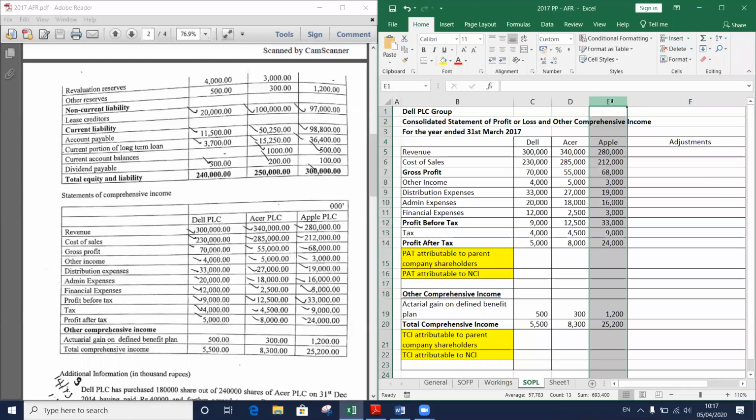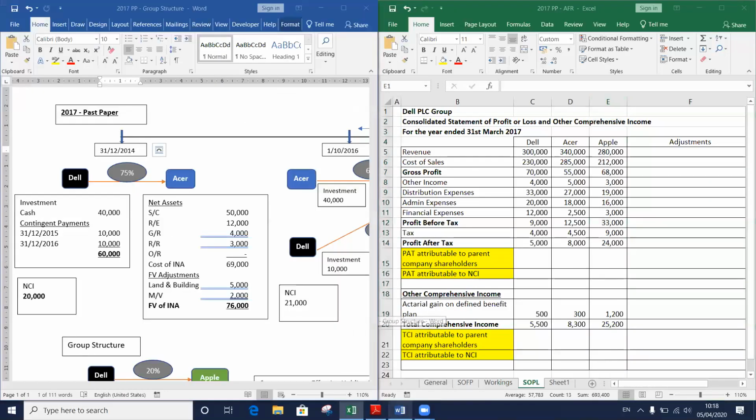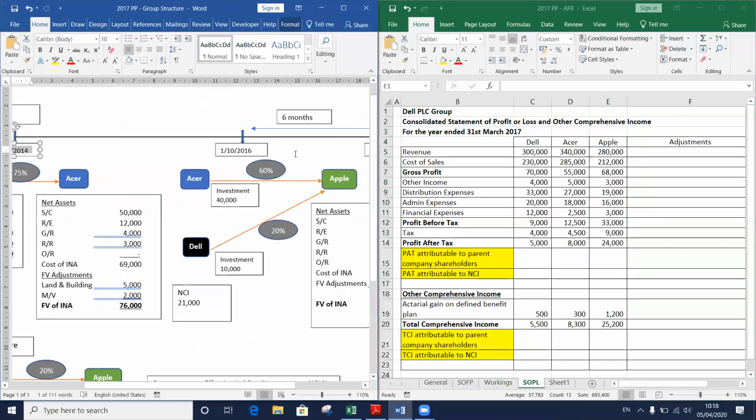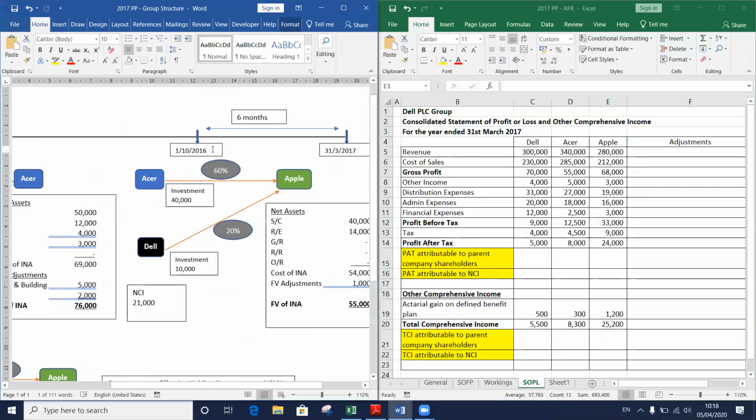So how? Yes, that is my question. Can I consider these figures here? No. Why? We acquired Apple PLC on 1st of October 2016. We are preparing the financial statements for the financial year ended on 31st March 2017. We acquired Apple PLC within our financial year.